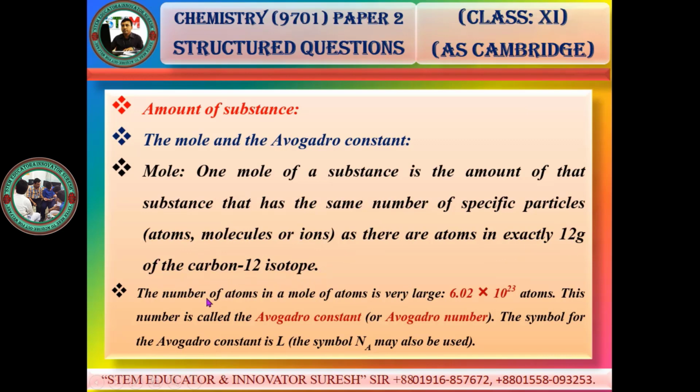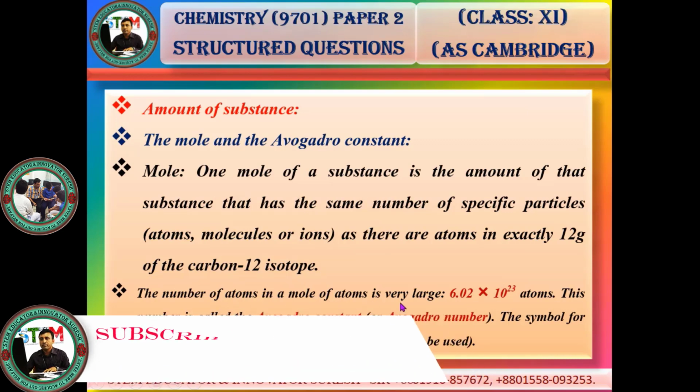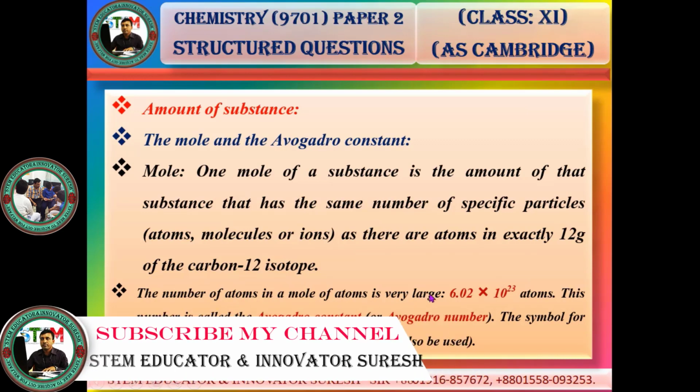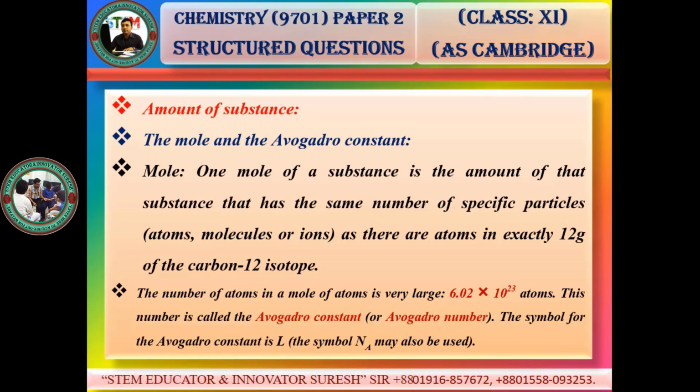Okay, the number of particles in a mole is very large. Look at this, how big the number is: 6.02 into 10 to the power 23 atoms. If it is molecules, there will be 6.02 into 10 to the power 23 molecules.